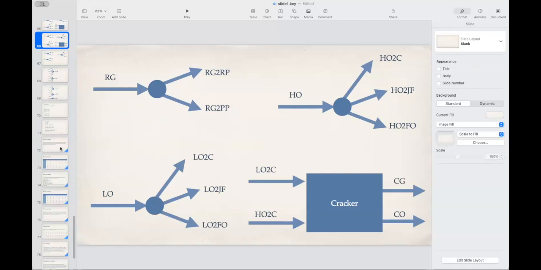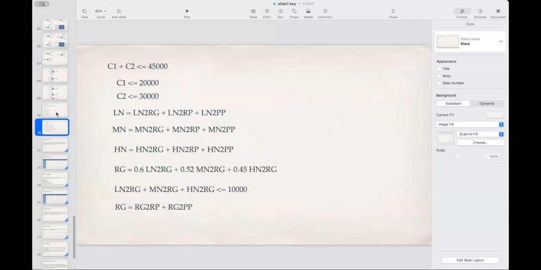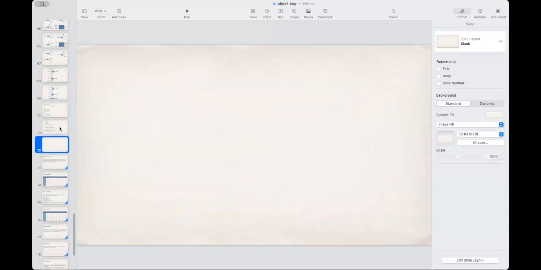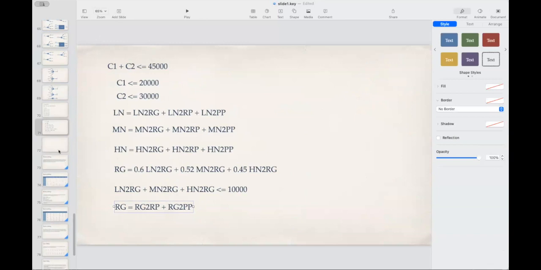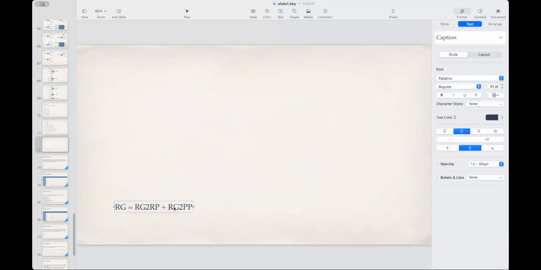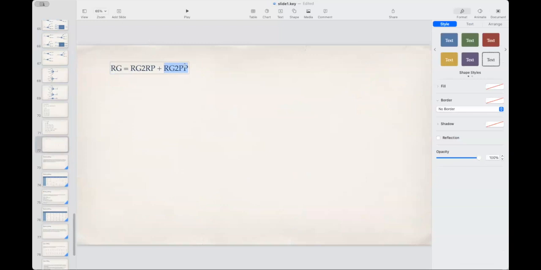LO must be, let me memorize it first. We have LO. LO must be LO2JF, jet fuel, right? Plus LO2CO, sorry, LO2C, okay. LO2, it should be FO here.